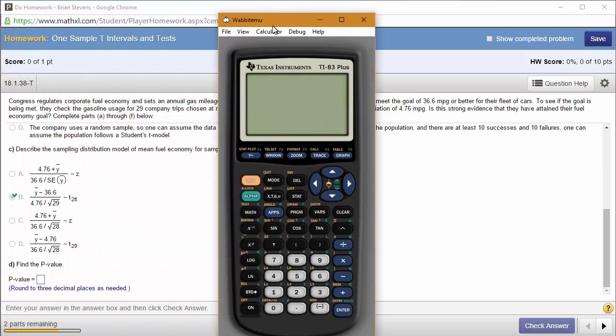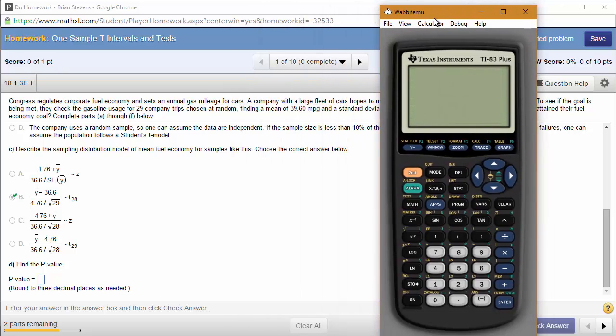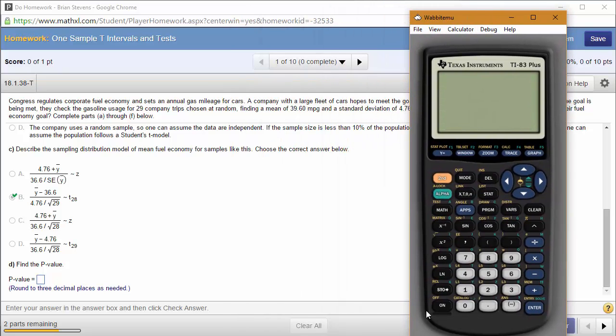I'm going to bring the calculator to the right a little bit. And our sample mean, let's turn our calculator on, 39.6 minus 36.6. That's just our difference right there. And that was easy enough. It was just 3. Now we have to take the standard error of the mean.